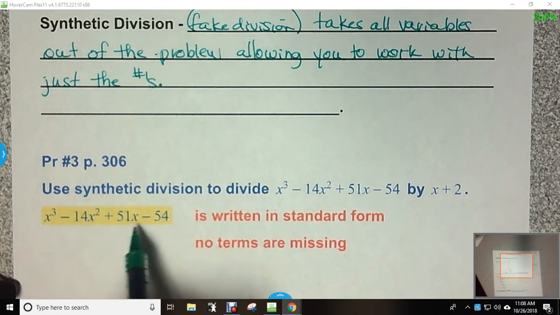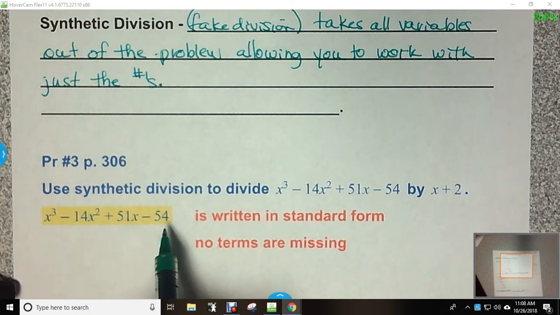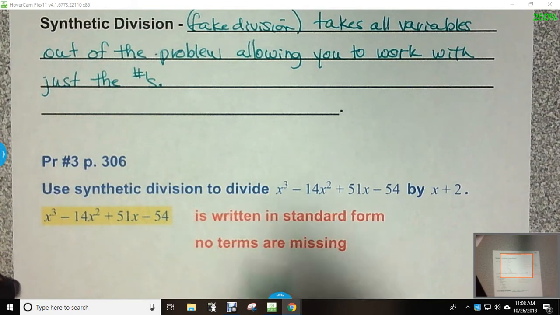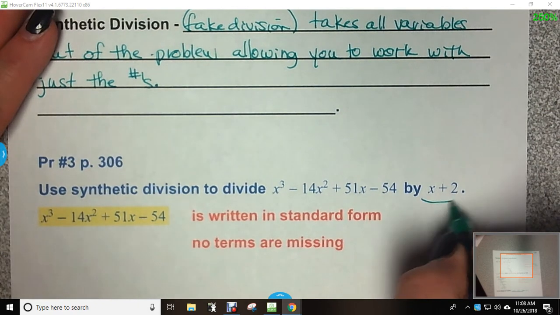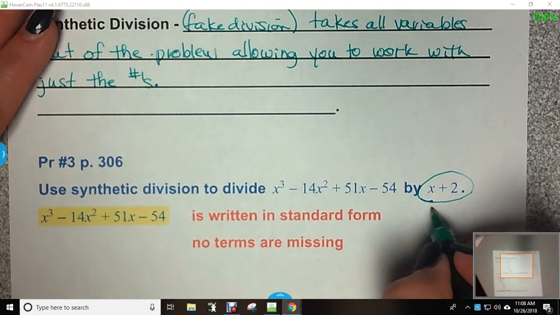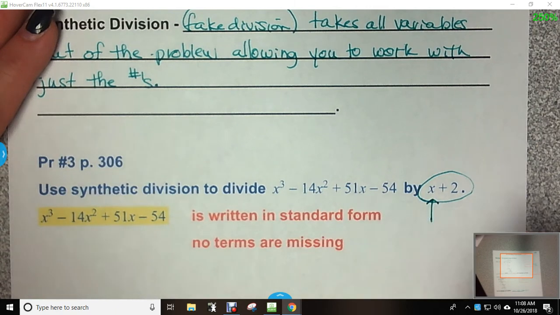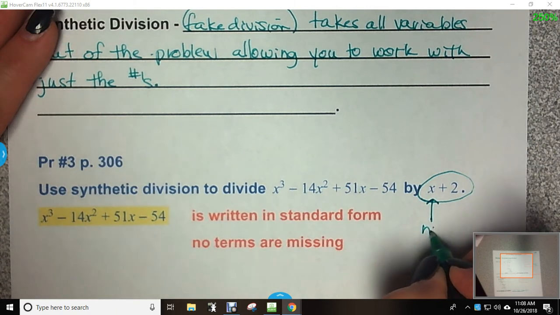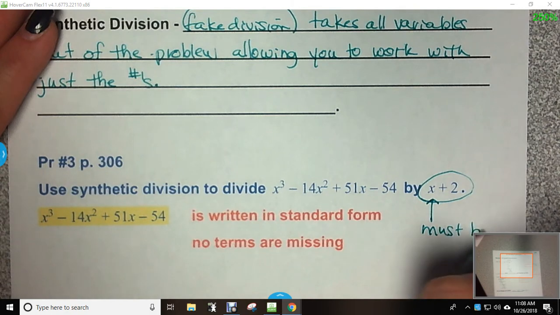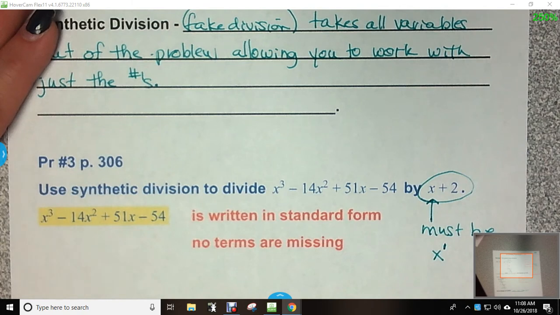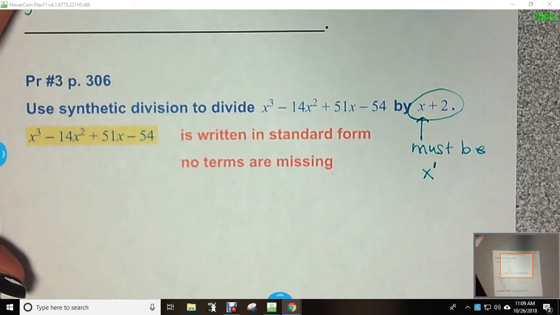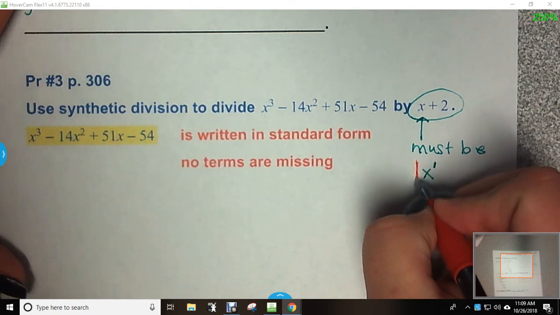So, this part right here, you have to make sure that it is written in standard form and you are not missing any terms. Are we missing any for this one? No. Now, for this part over here, in order to do synthetic division, that must be x to the first, and you really need your coefficient for that term to be a 1.